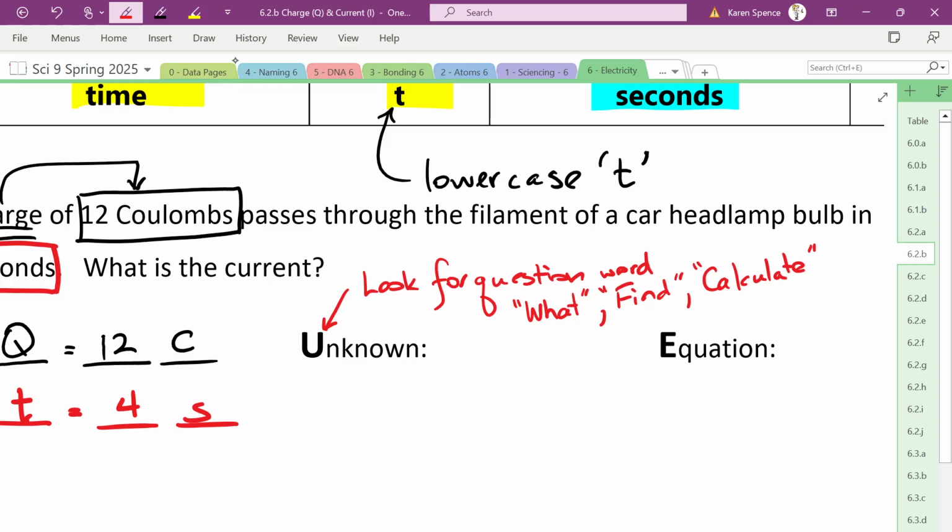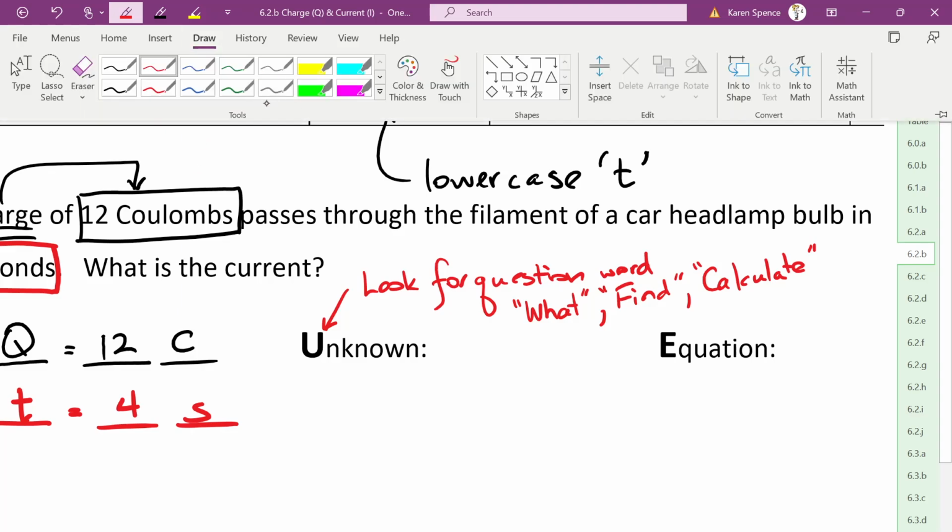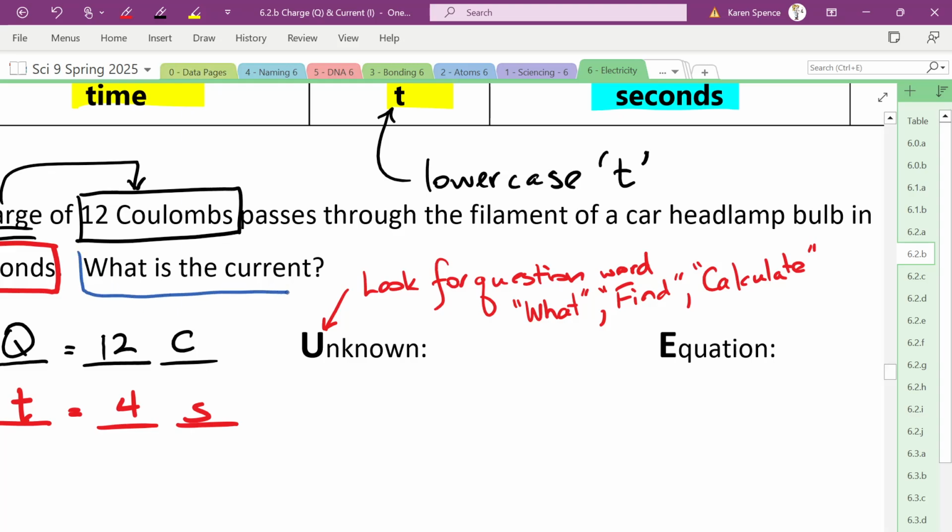And in this case, it is a very straightforward what. What is the current? So for our unknown, again, we're going to have a blank equals blank blank. What is the symbol for current? I. So we're going to put I equals, and we don't know how much because this is the unknown, so we put a question mark there. And then what is the unit of current? It is amperes, so we're looking for that. So that's our G and our U.